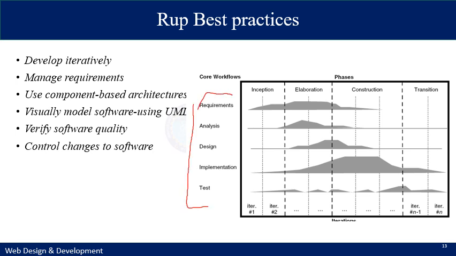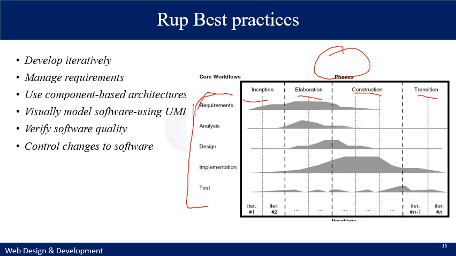So these are the common tasks that we follow in software development activities. Software development process model: requirements, analysis, design, implementation, and test. These are the phases of the Rational Unified Process model: inception, elaboration, construction, and transition. You must be very familiar with these tasks.